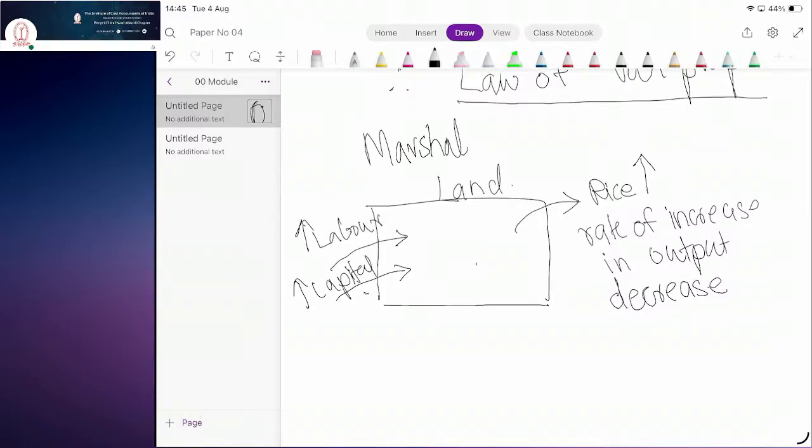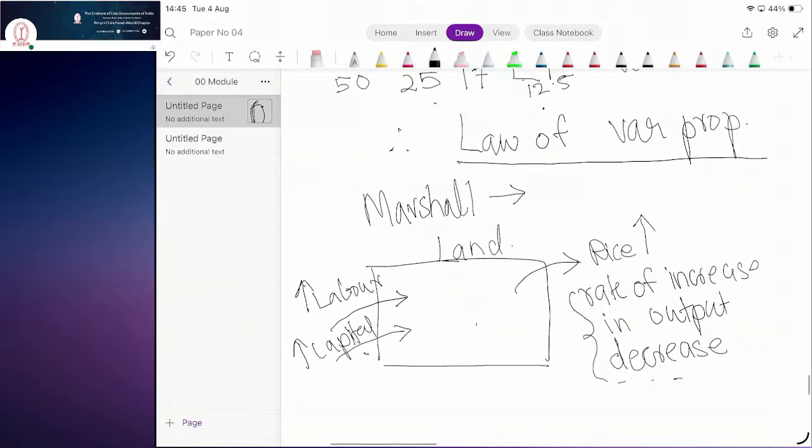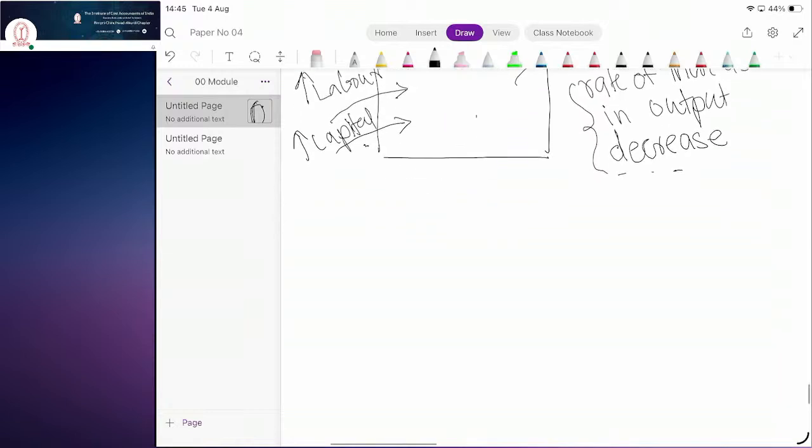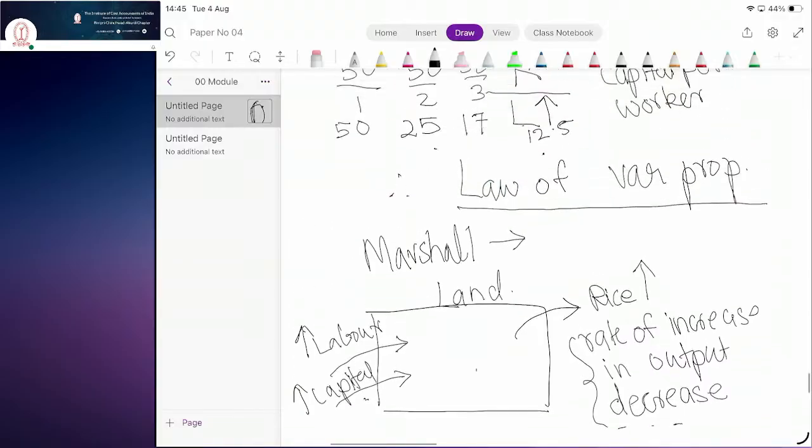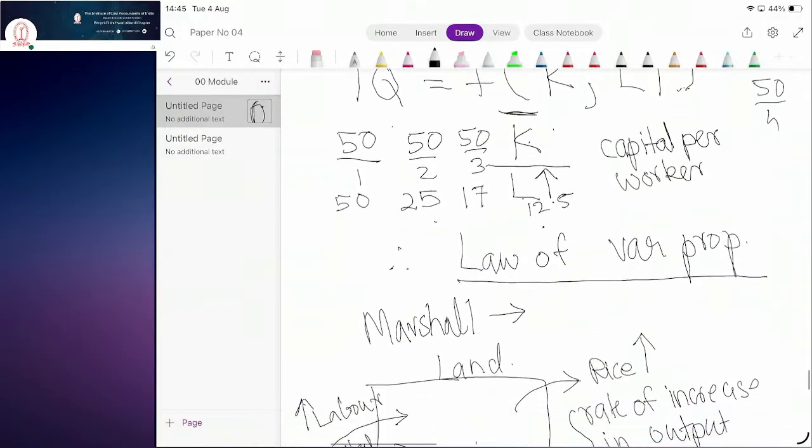No matter how much capital and labor you apply, at some point the additional output that you will get will start decreasing, and this is what Marshall called the law of variable proportions. It's a simple idea, and we want to capture this with the help of diagrams. More than anything else, we'll be trying to look at it from a graphical point of view.